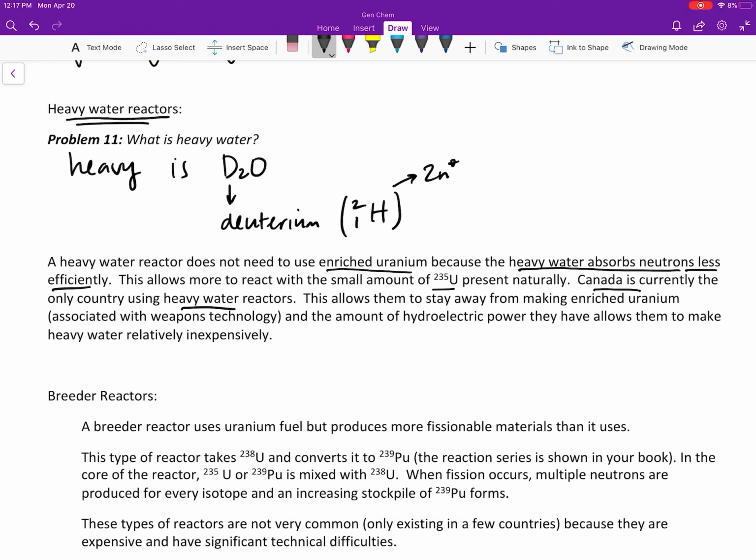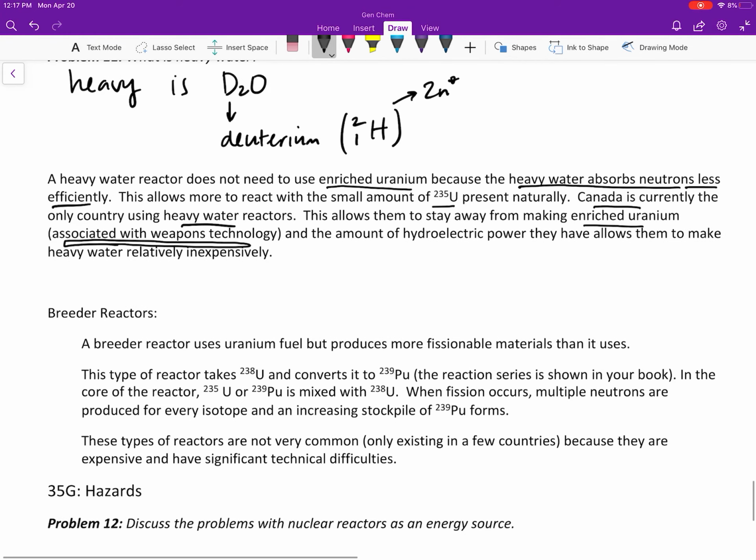This allows them to stay away from having to make enriched uranium associated with weapons technology. And the amount of hydroelectric power they have allows them to make heavy water relatively inexpensively. But the problem with heavy water is you can reuse the heavy water.